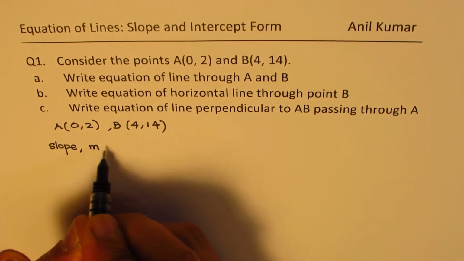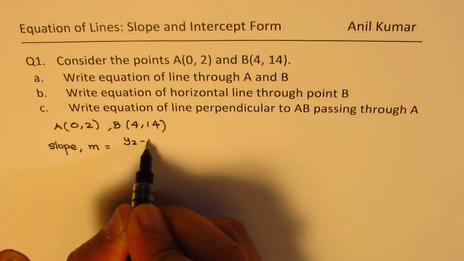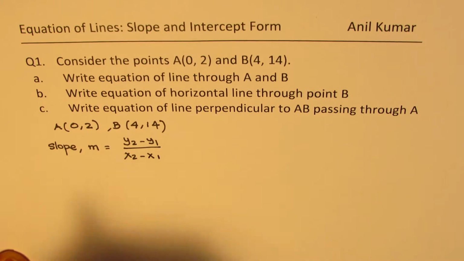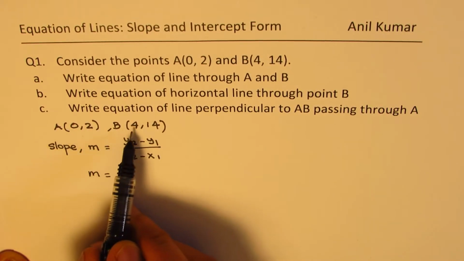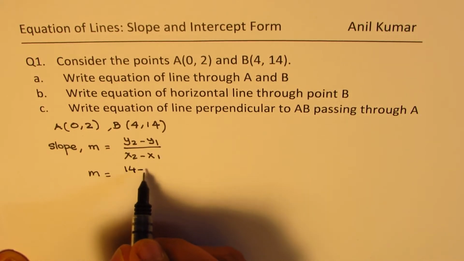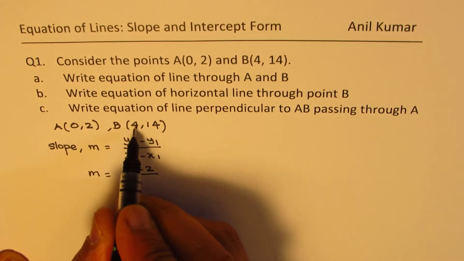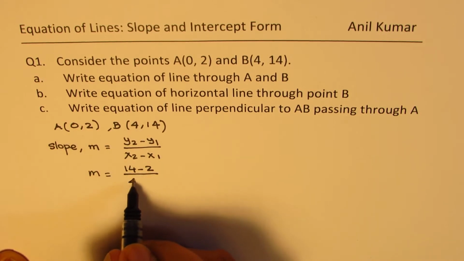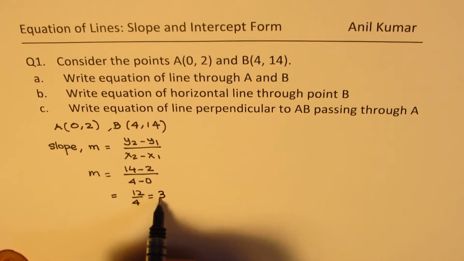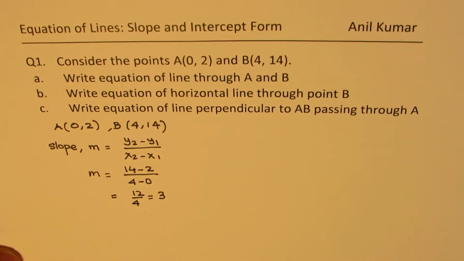Slope m is equal to y2 minus y1 over x2 minus x1. In this case, x1, y1, x2, y2 are these values. So we get in the numerator 14 minus 2 divided by 4 minus 0, and that is 12 over 4, which is 3. So the slope of the line is 3.